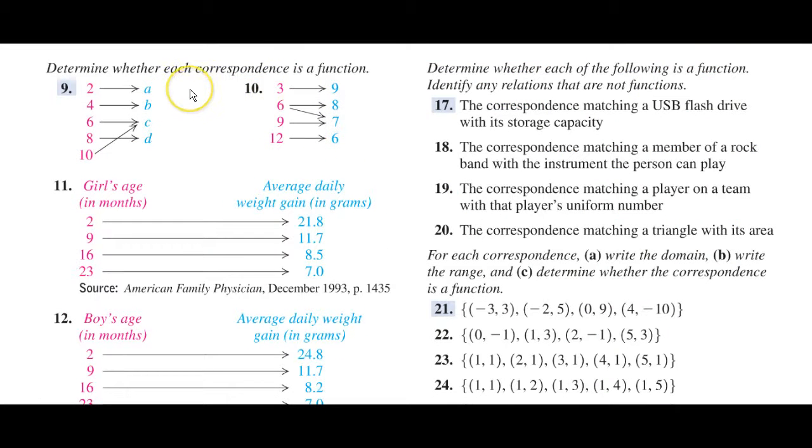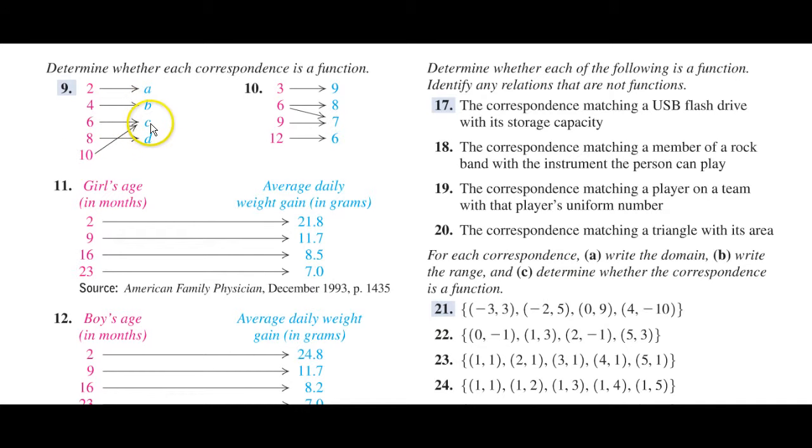Now, here they're asking whether these relations, which are correspondence, are a function. Well, this is your x, or first value input. There's one line only from each one.